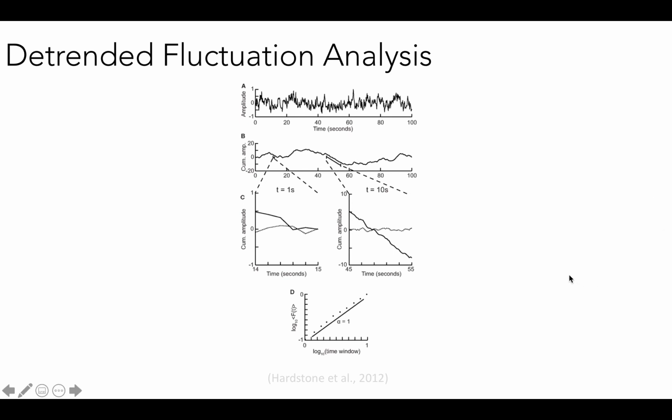And this is actually detrended fluctuation analysis on some neural firing, which has been a pretty big hotbed of research in the past decade in terms of the application of nonlinear dynamical systems.